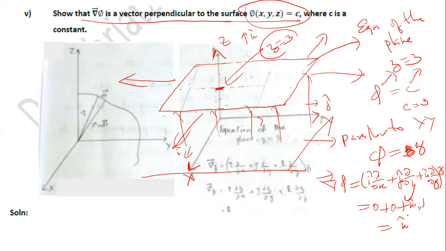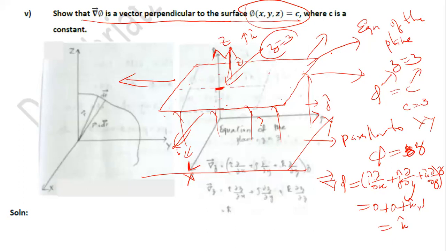That's exactly what you can see here. K cap is a unit vector pointing along the z-axis. So k cap is a vector perpendicular to the z equal to 3 plane. This is what we are trying to prove.